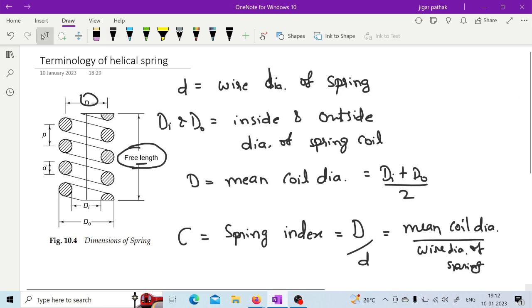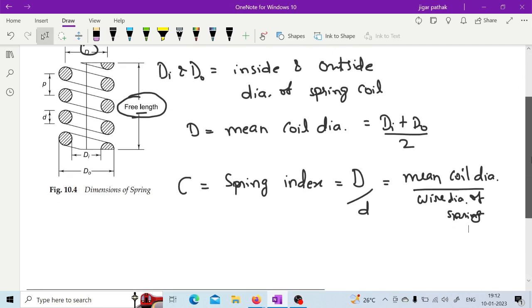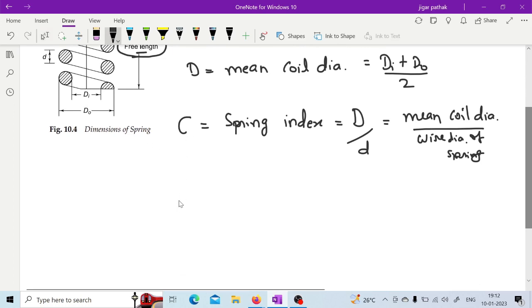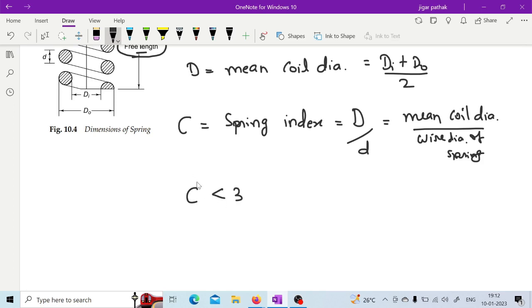Based on the value of C, you can check how sharp your spring will be. If C is less than 3, there will be very sharp curvature and it is very difficult to manufacture this type of spring.